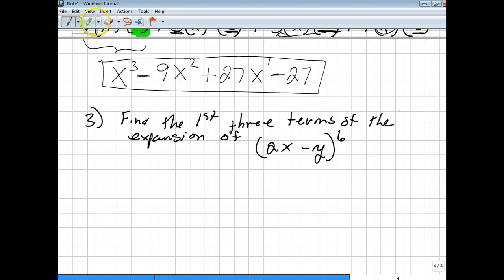Okay, so in this case, this is my A term, this is my B term. Okay, and we're in row 6 of Pascal's triangle.